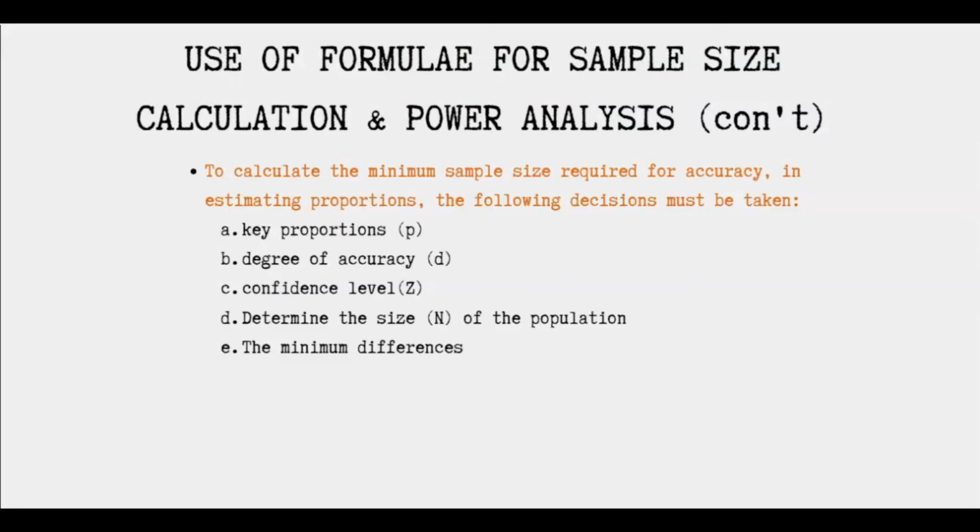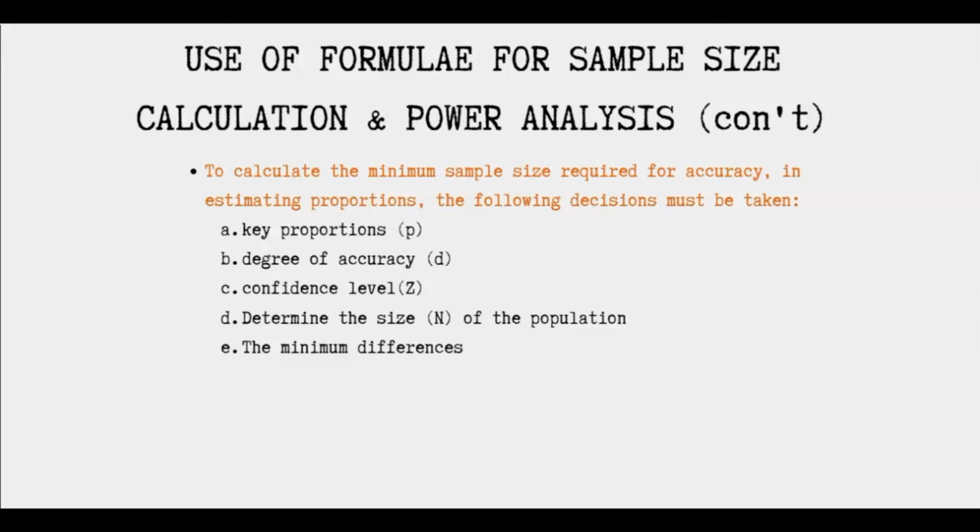So, to calculate the minimum sample size required for accuracy in estimating a proportion, the following decisions must be taken. First, decide on a reasonable estimate of the key proportion, P, to be measured in the study. Second, decide on the degree of accuracy, D, that is desired in the study, usually 0.01 and 0.05.